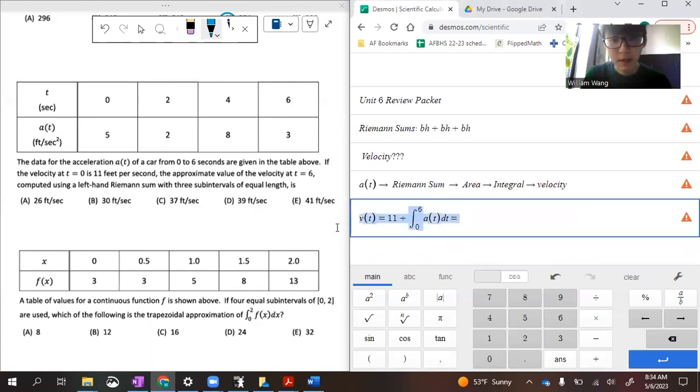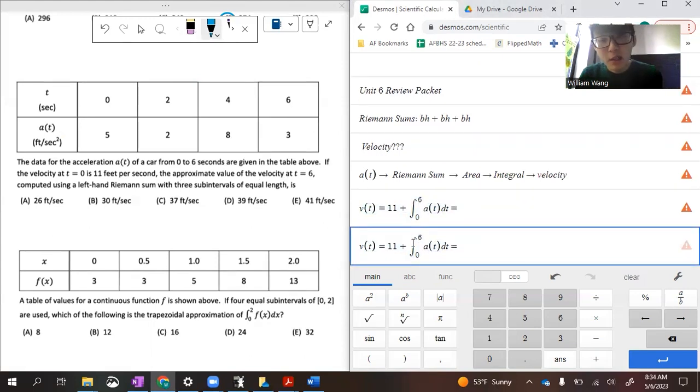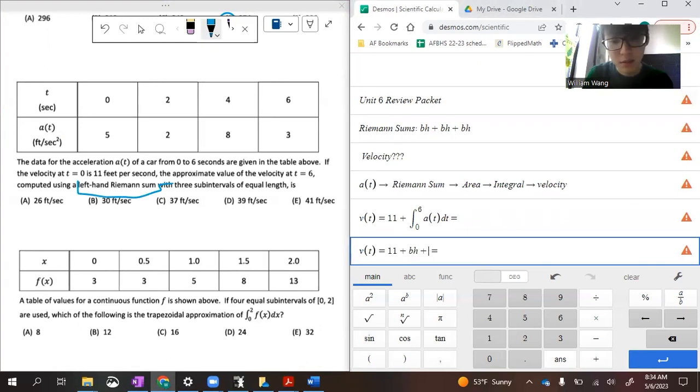So let's expand this. By integrating from 0 to 6, what I'm really doing is a left-handed Riemann sum because that's specifically what they want me to do. So let me erase this and type in base height plus base height plus base height, because they asked for 3 rectangles, 3 subintervals to estimate this. So 11 plus base height plus base height plus base height.